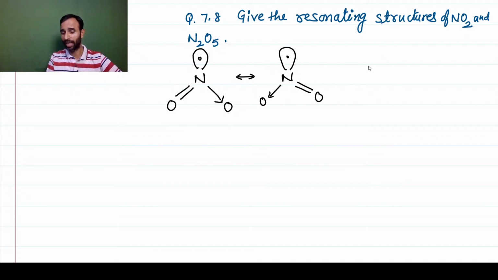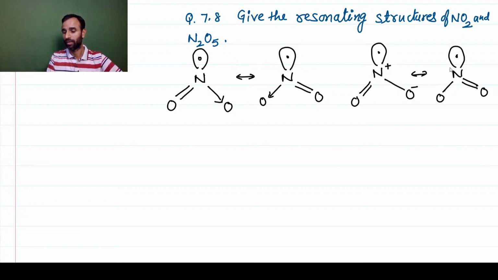It can also be written as, to replace this coordinate bond, nitrogen should have positive and oxygen should have negative. Nitrogen positive, oxygen negative. So this is NO2.